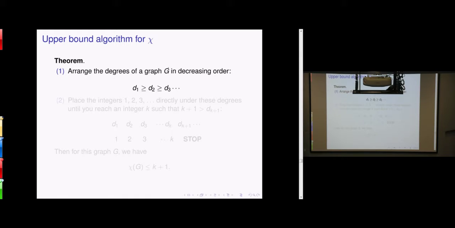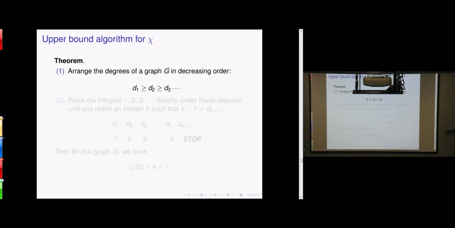There is an algorithm to give an upper bound. You'll see that this upper bound is not optimal, but nevertheless it gives us an upper bound. This is a general algorithm, and in a moment we'll see examples, which will make things easier.